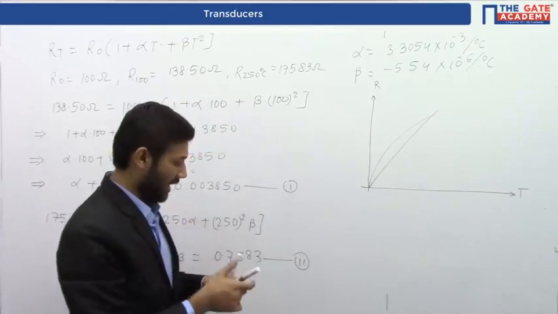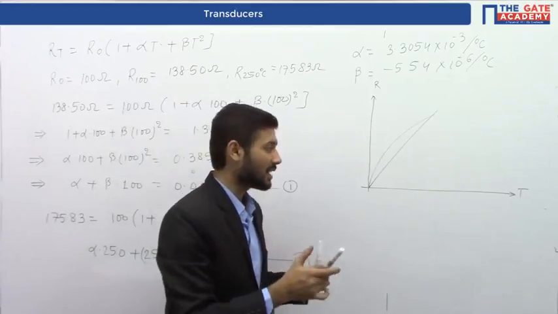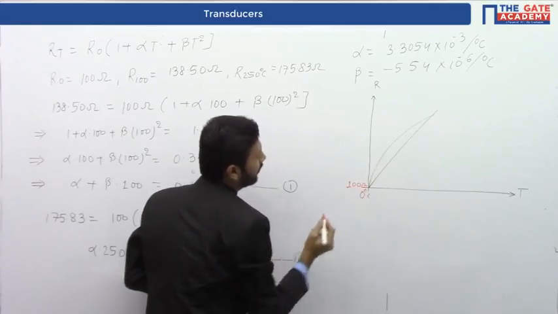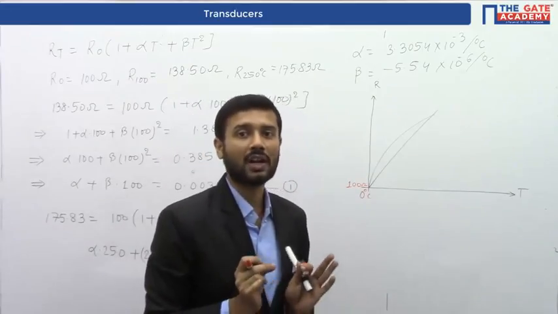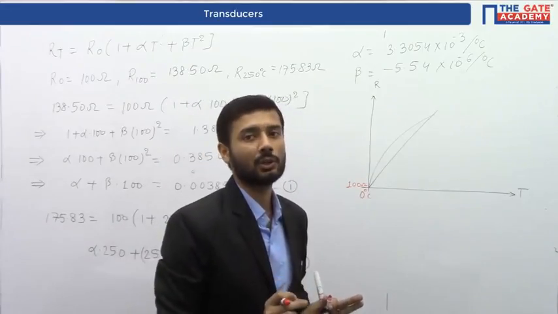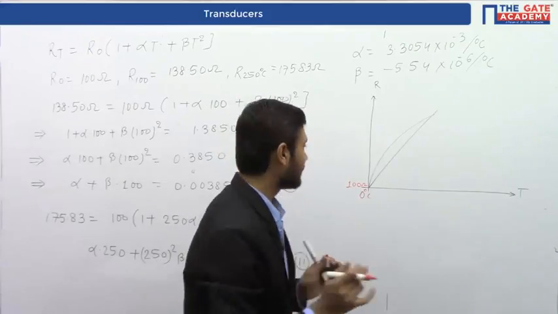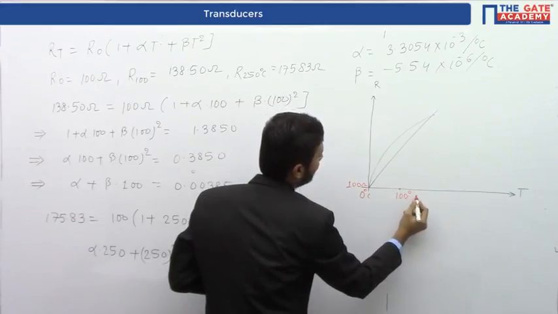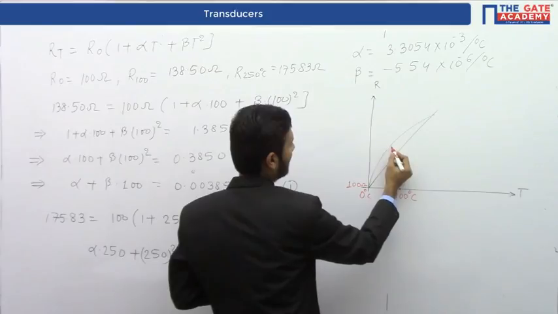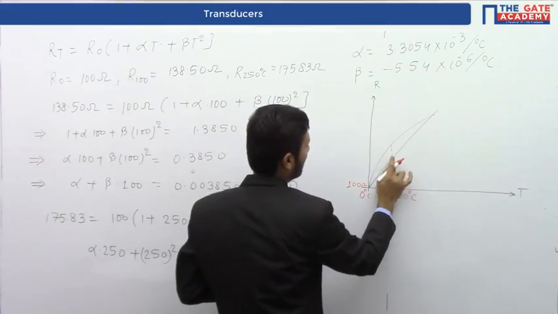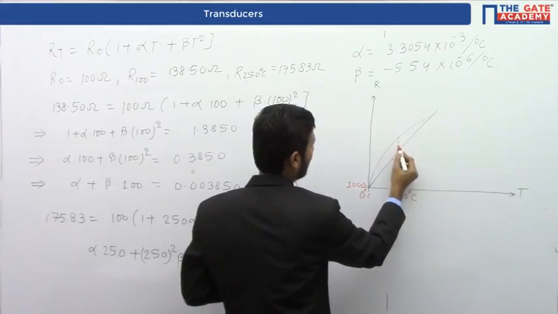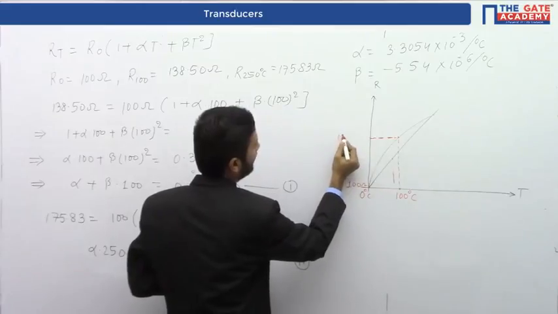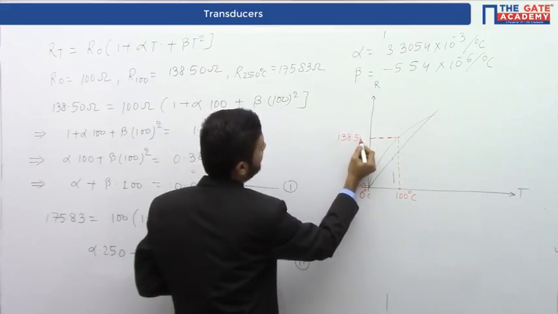It is given that at T equals 0 degree C the resistance is 100 ohm, and at T equals 100 degree C the resistance value is 138.50 ohm.